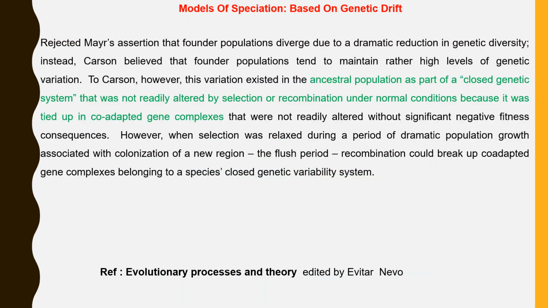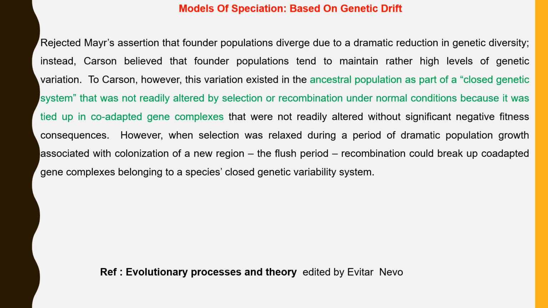The main difference between Mayr's viewpoint and Carson's viewpoint is, according to Mayr's theory, after genetic drift, the genetic variability decreases and leads to formation of a relatively homozygous population, which later diverges due to accumulation of recombination and mutation. But according to Carson, after genetic drift, the population formed has genetic variability.